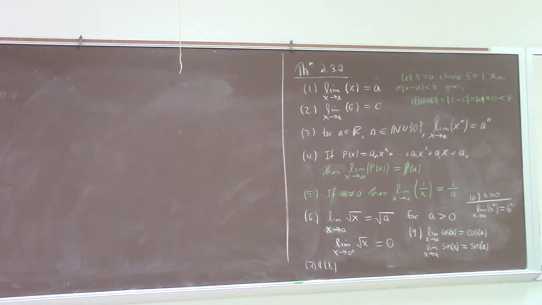This one's not in the notes, I'll just add it. Say the limit as x goes to 7 of the cube root of x squared plus 1 over x plus the sine of x squared plus e to the x equals.